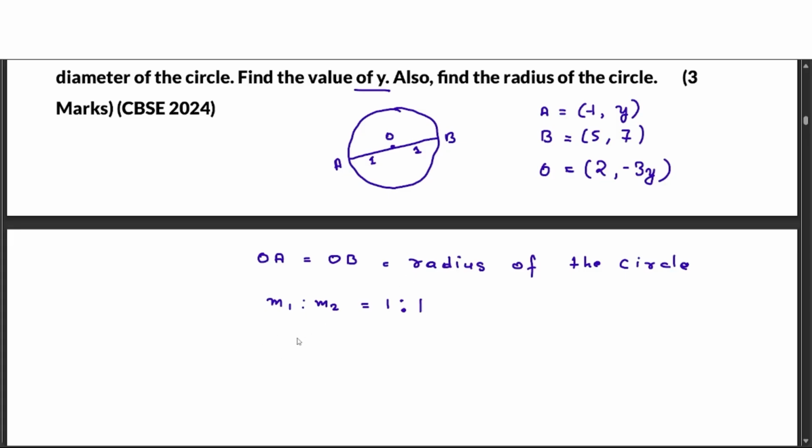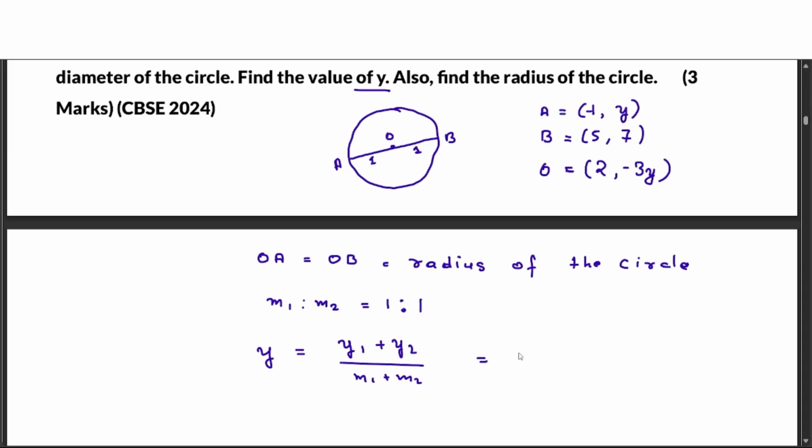Now based on that, we have to find the value of y here. So we can simply say y is equal to (y1 plus y2) over 2, that is m1 plus m2.